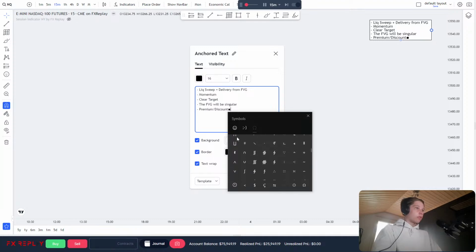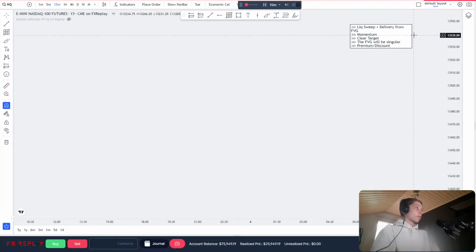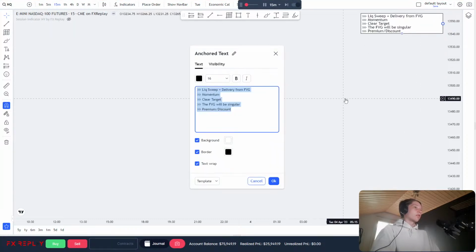How about this? My autistic nature doesn't allow me to move on otherwise. Well, I kind of like this one. I don't know. Let's just go with that.